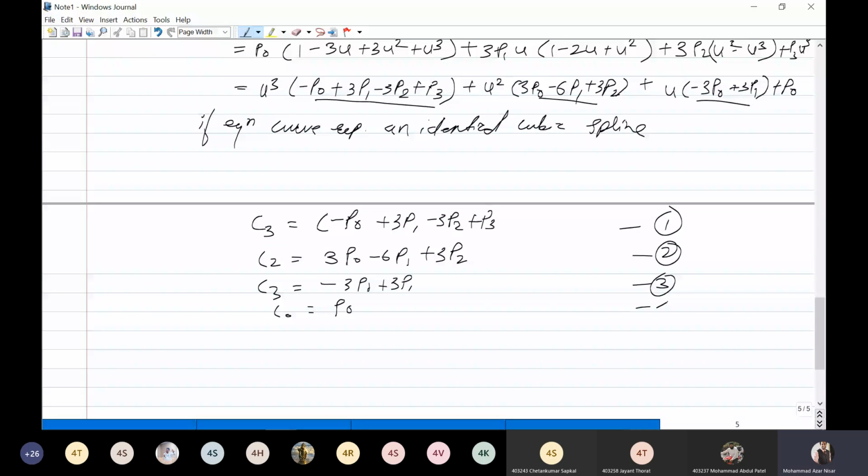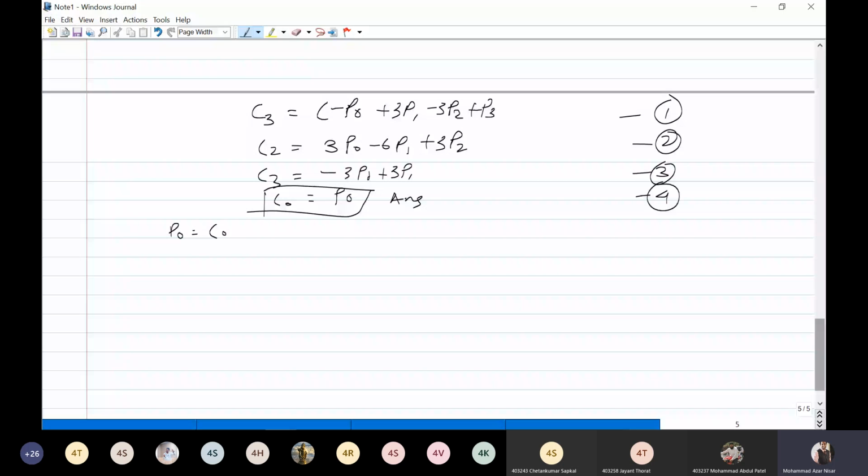Now, substituting these equations, we have to find out the values for P1, P0 and all. For that you can directly get the answer as P0 equal to C0. I can write down again P0 equal to C0. Then to find out P1, you can substitute equation number 4 in equation number 3.